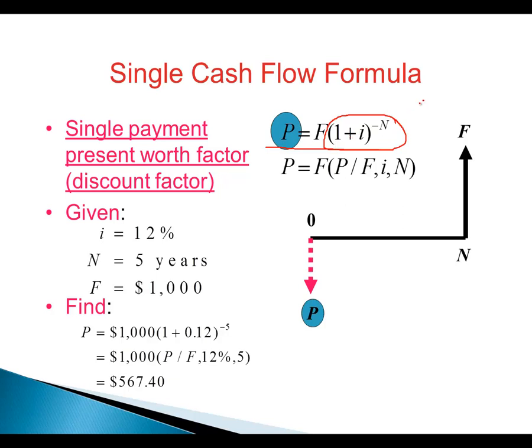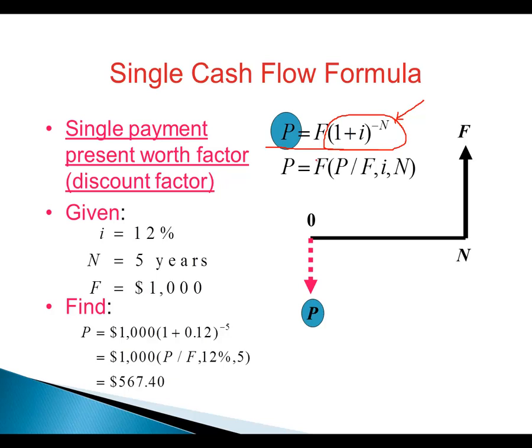And again, you can find this discount factor at the end of the book from the tables. It depends on the interest rate, so you open the book at the specific interest rate table, and then based on the number of periods, select the factor.